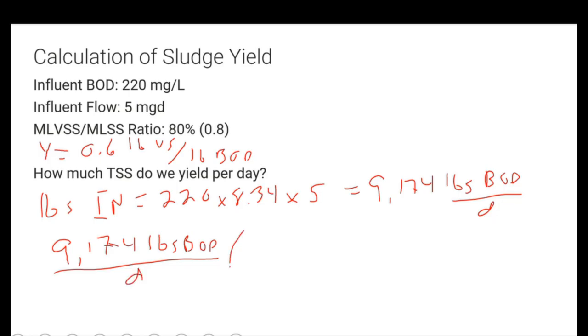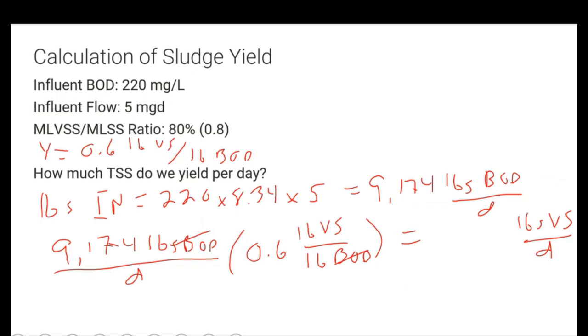And if I were to multiply it by 0.6 pounds of VS per pound of BOD, then when I do the math on that, my units cancel, right? My BOD cancels, and the units I end up with are pounds VS per day. Does that make sense to everybody?